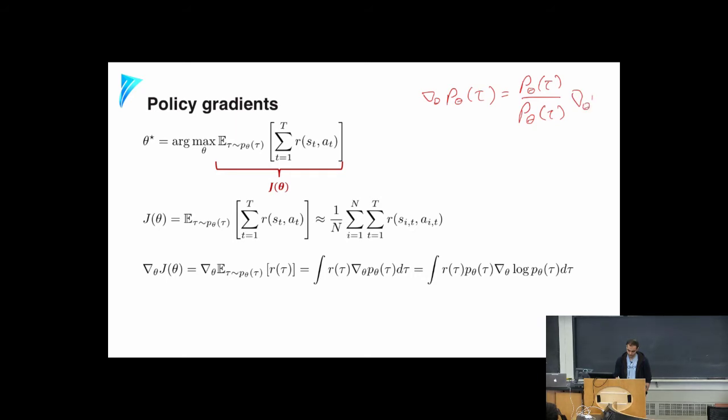And look at this part, right? So this part is basically equal to, and you can verify that this is, the gradient of the log of the probability of theta of tau, right? So that's exactly what we got here.